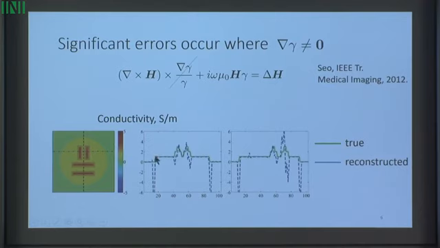We have a large error, especially here, at the boundary between the normal conductivity value and the abnormal conductivity value. This is because we neglect the gradient of gamma.